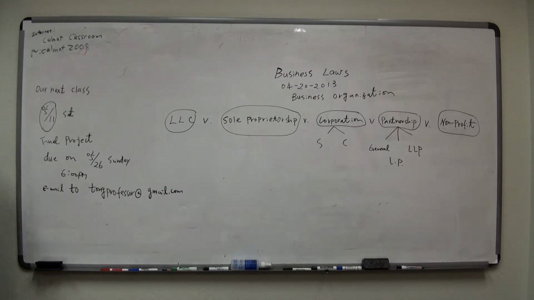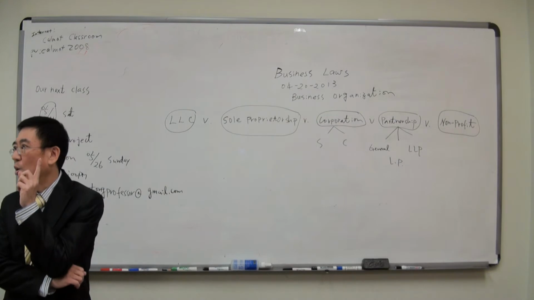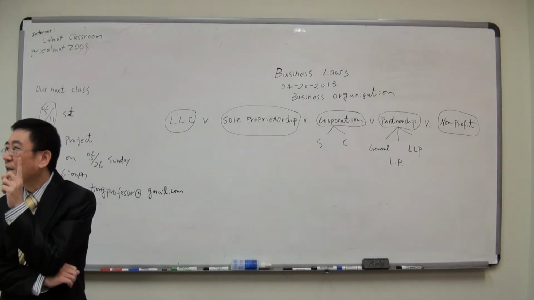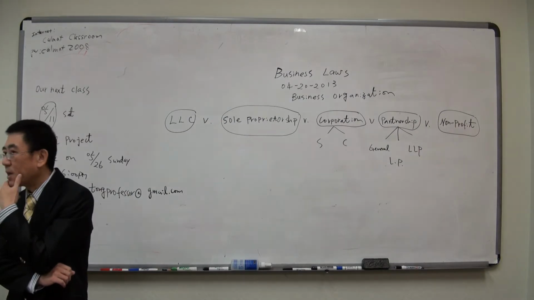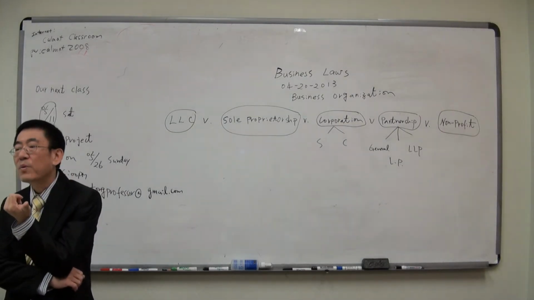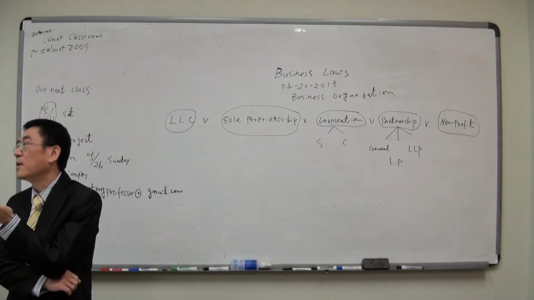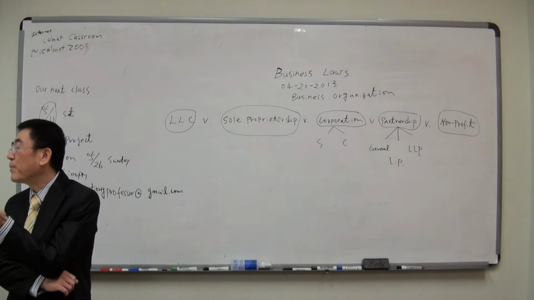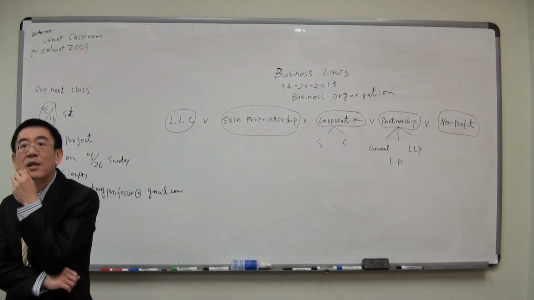So you can only have one owner in this type. Is this good or bad? Maybe it's good, maybe it's bad. The first benefit is that it is simple and less costly, easy to make a decision, and no formality. You don't have to do anything.